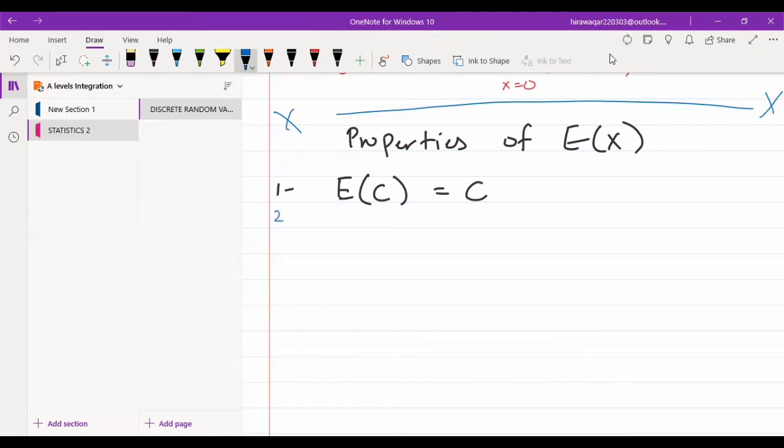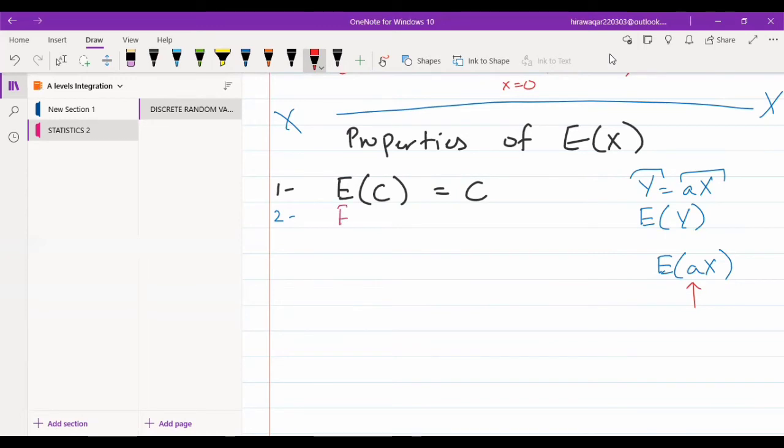What about property number two? It would be like this: if you have the function y equals ax, and you have been given the question, find the expectation of y. You know that y can be substituted by ax. x is the variable, but a is the constant value, and this constant can be taken outside the expected value.